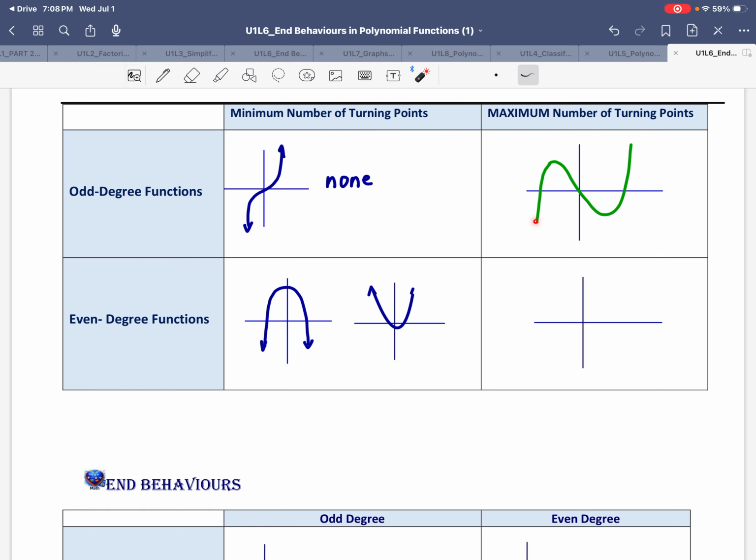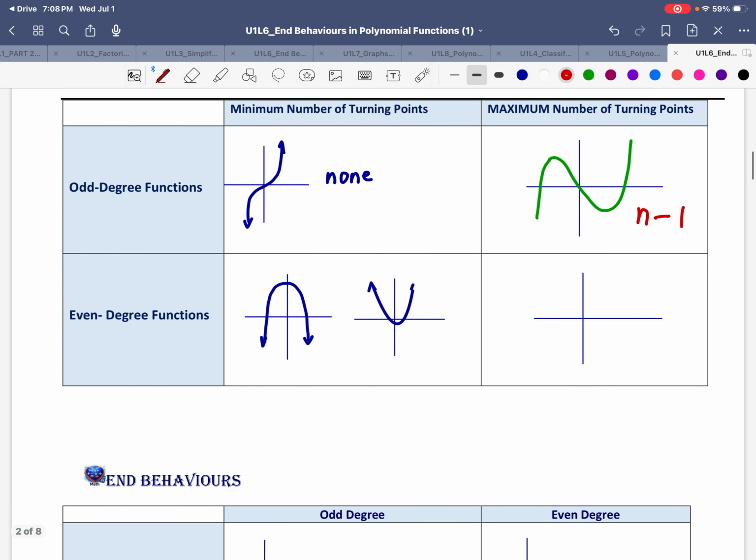So a third degree can have a maximum of 3 lines connected in a curve, and as you can see, it will make 2 turning points for a third degree, and for a fifth degree it will make a maximum of 4 turning points, and so on. We've analyzed this already. So it will always be 1 less than the degree, and if the degree is n, it will be n minus 1 turning points.